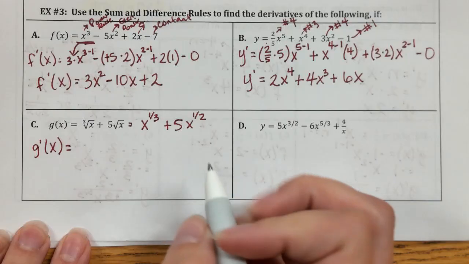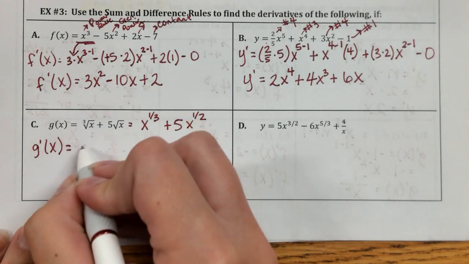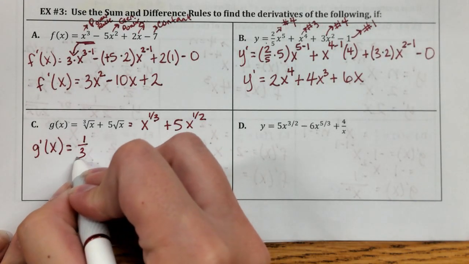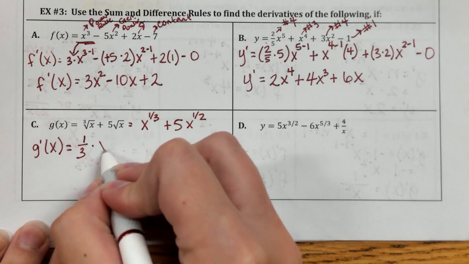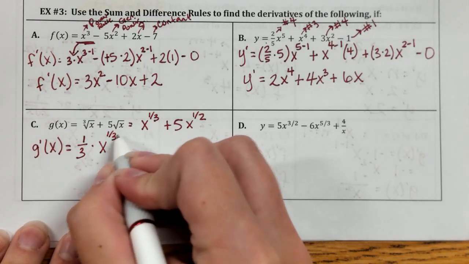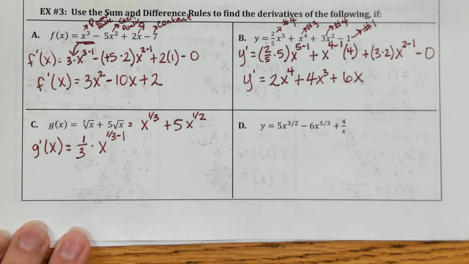So I'm doing 1/3 times, this is x to the 1/3 minus 1 power.